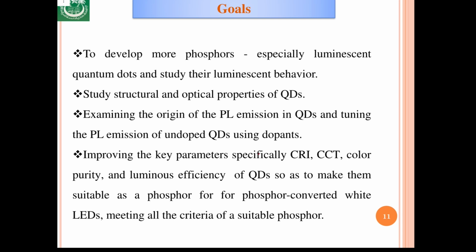Improving the key parameters defining the light quality that one gets from these phosphor converted LEDs is very important. For example, CRI value, which is color rendering index, CCT, color correlated temperature, color purity, and luminous efficiency.